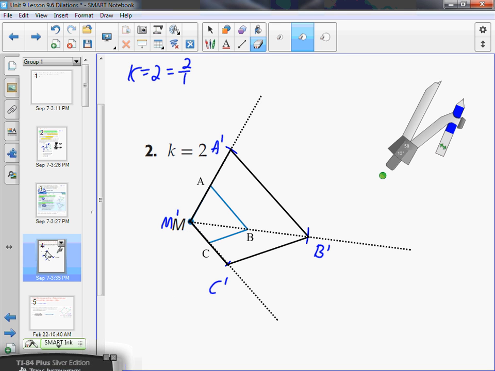All right. Questions? Would your dilation change if k equals something else? Yeah. Whole numbers are a lot easier to do using a compass as our measurement instrument.